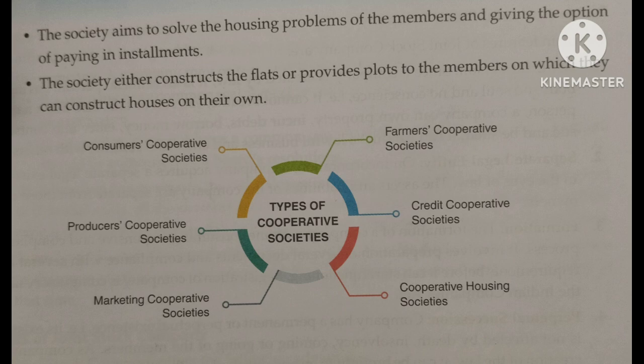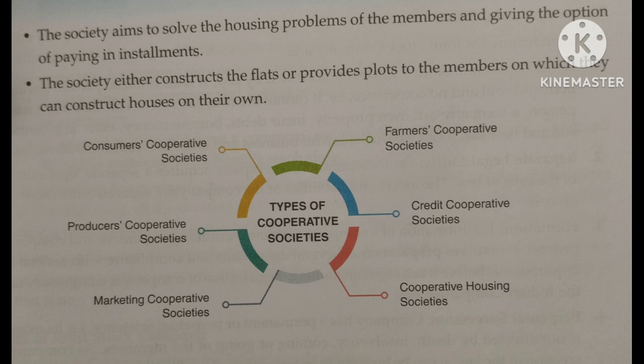Second is producers cooperative societies. Now when producers combine together, it means at least 10 producers combine together and produce the goods in common. That is known as producers cooperative society. It is formed by small producers who desire to purchase or to procure inputs for production of goods in order to meet the demands of the consumers.